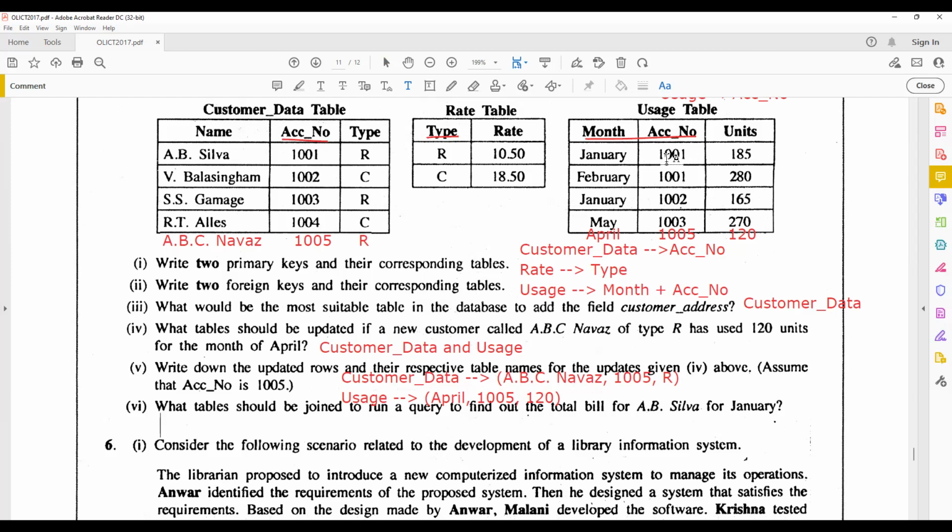So the rate for AB Silva is R, that is 10.5. So you have to multiply these two. So the correct answer is customer data, comma, rate, comma, usage. All the tables.